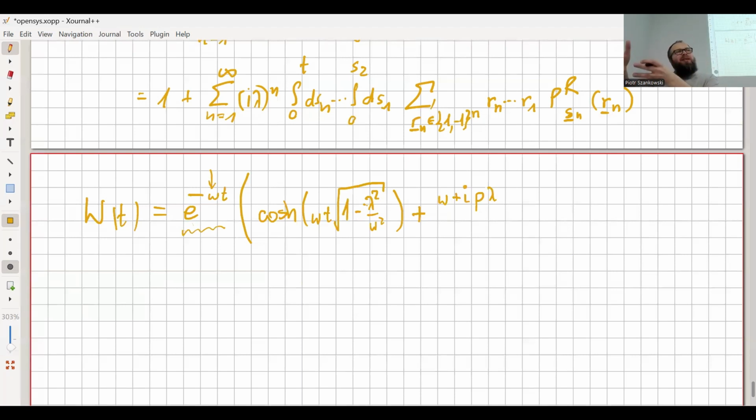The first probability, the single time probability, is parameterized with this p. Okay. If you remember, then divide everything by the square root of w squared minus lambda squared, and a hyperbolic sine, w t, with the same frequency.